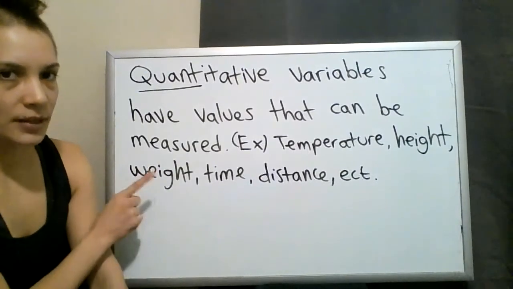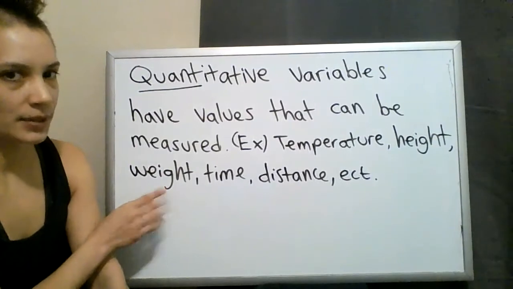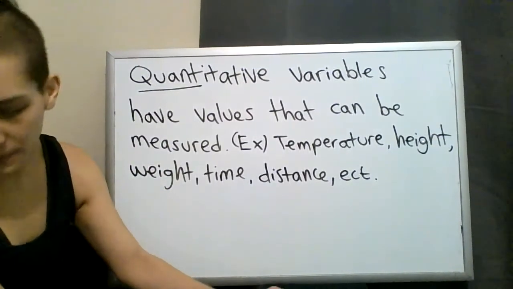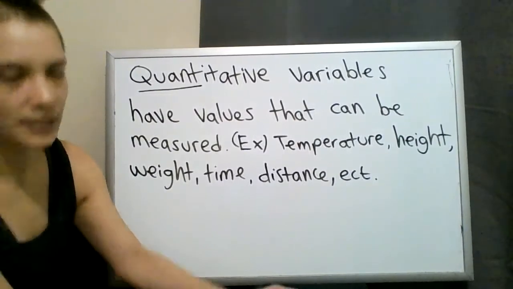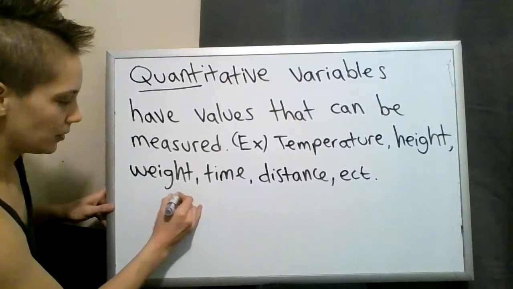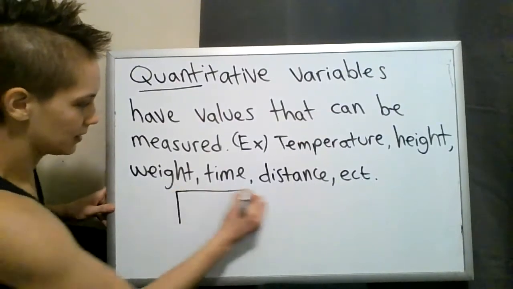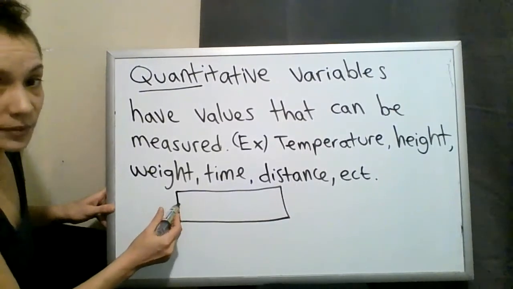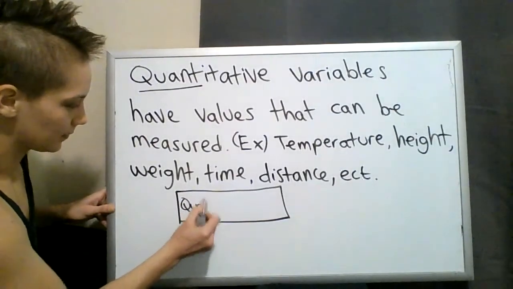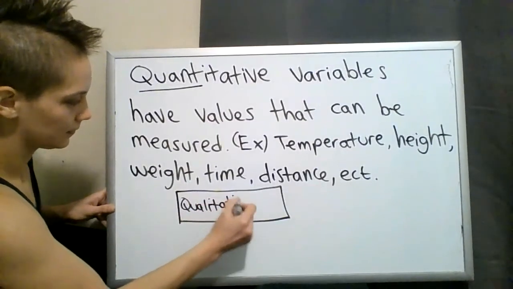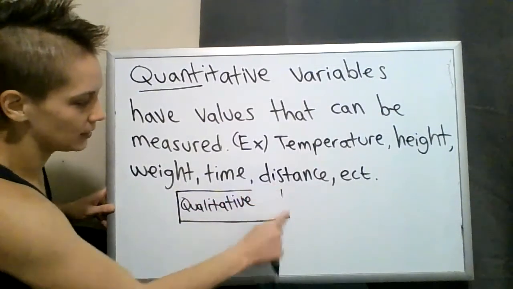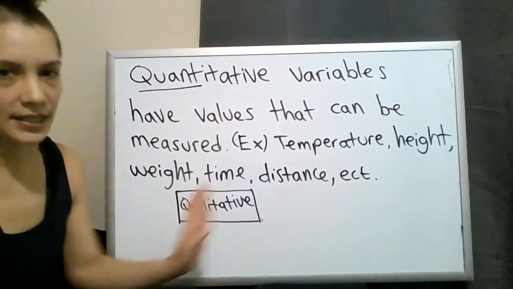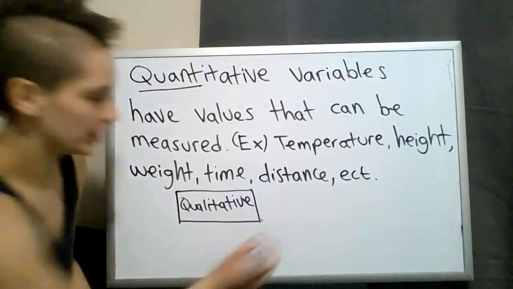Then from the quantitative variables, we can split these up into two types, discrete or continuous. Let's draw a picture first. So over here, we'll have the qualitative variable. Separate is quantitative variables.